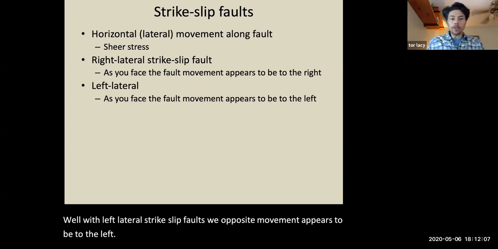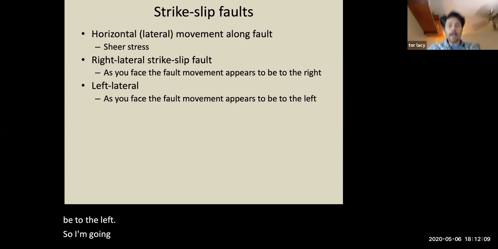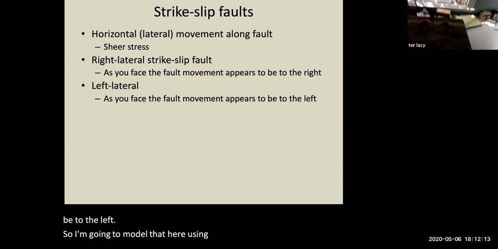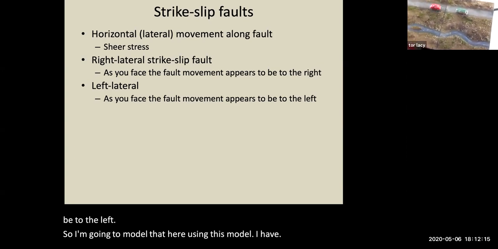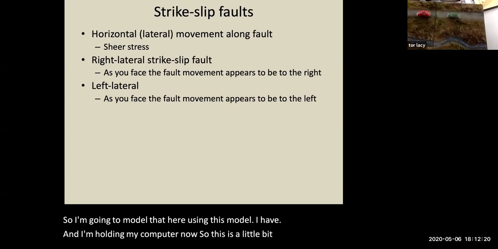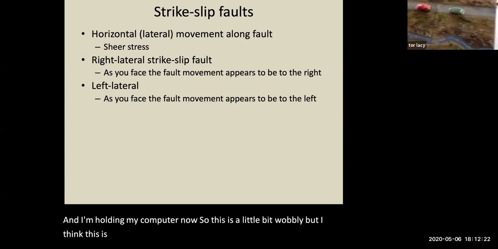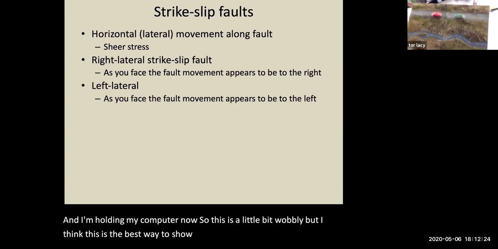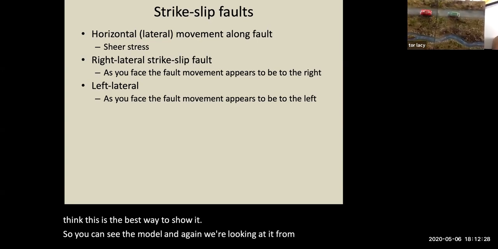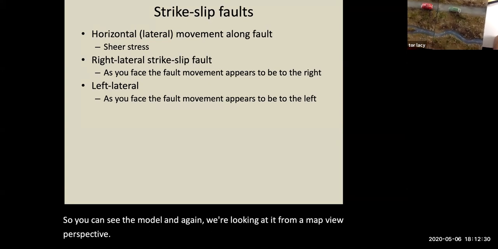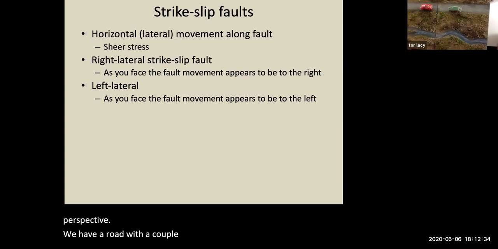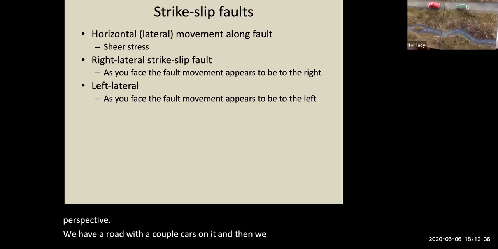So I'm going to model that here using this model I have. I'm holding my computer now, so this is a little bit wobbly, excuse me, but I think this is the best way to show it. Okay, you can see the model, and again, we're looking at it from a map view perspective. We have a road with a couple of cars on it, and then we have a river.